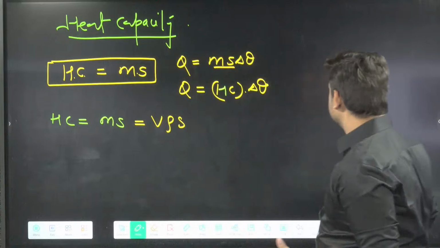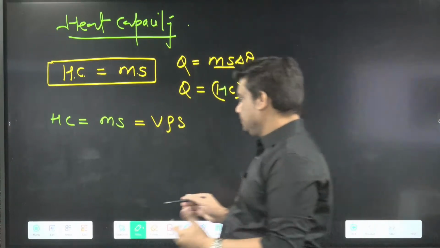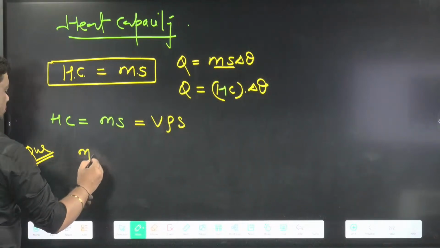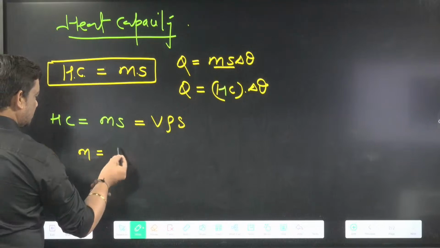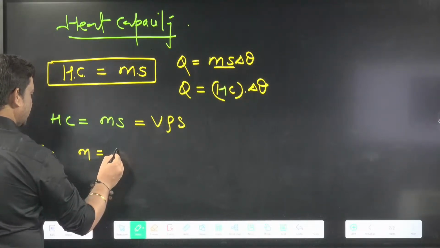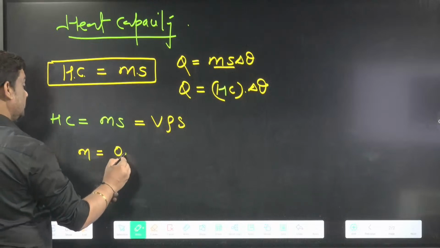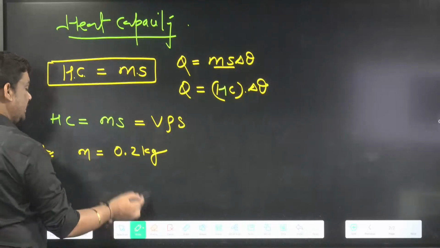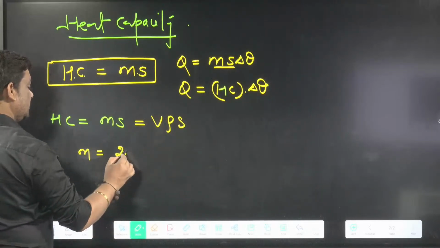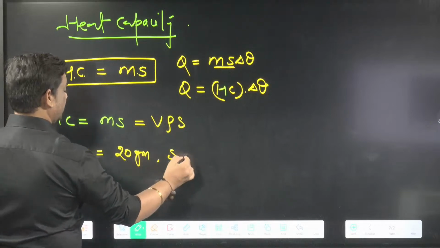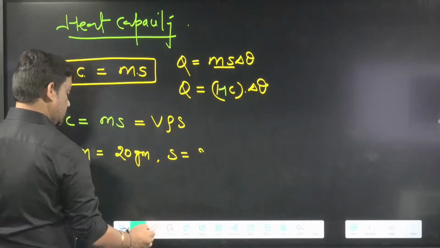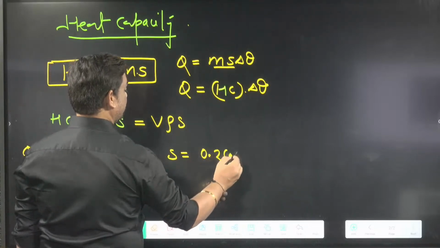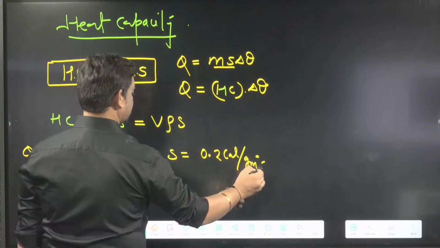Like if I ask one simple question, they will give mass, suppose 20 gram, and specific heat, suppose 0.2 calorie per gram degree Celsius.